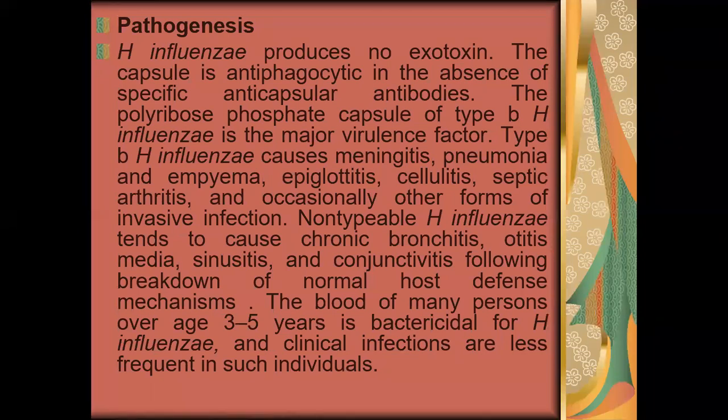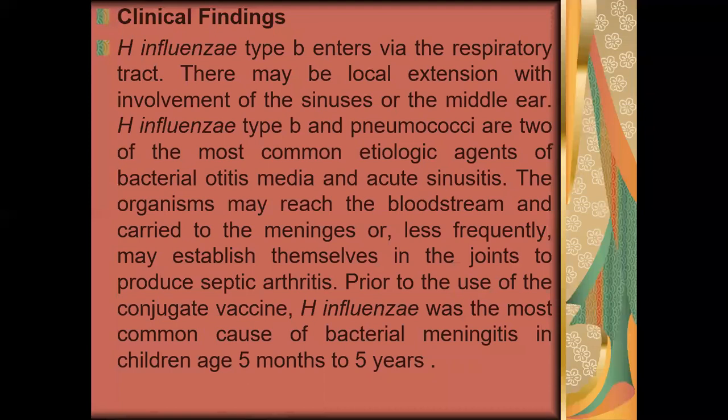Clinical findings: Haemophilus influenzae type B enters through the respiratory tract. There may be local extension with involvement of the sinuses or the middle ear.